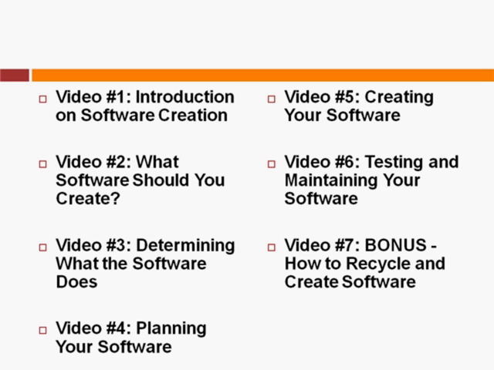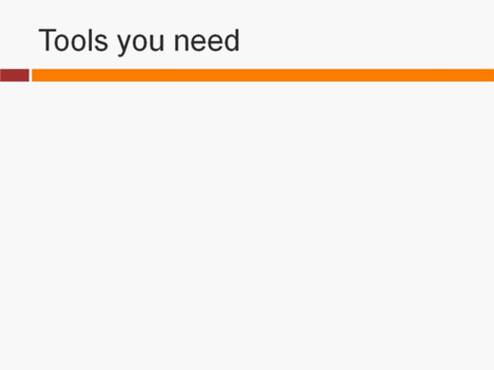Now that you understand the overview and what we're going to talk about, let me move on to the tools that you're going to need. You're going to need money. Of course, you're not going to be able to hire a software programmer unless you have money. You need at least $50 to $100, at least. I mean, you could invest $100, $150 to $200.